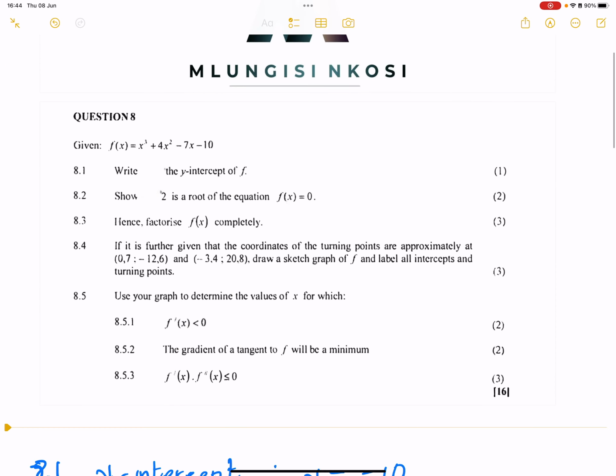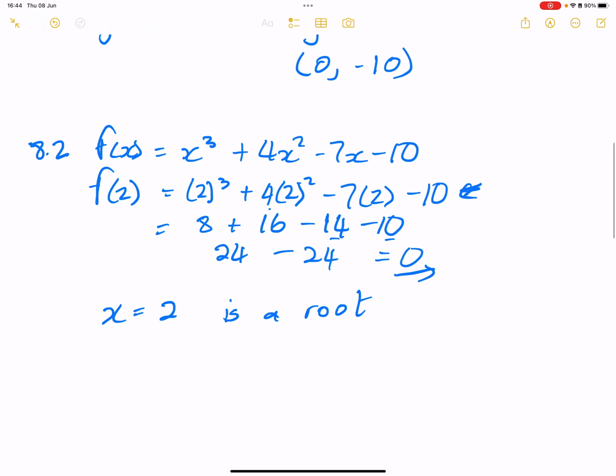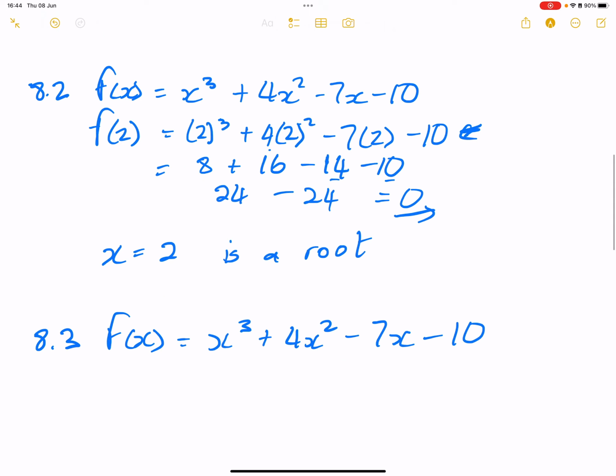They say hence factorize f of x completely. Now please, this is the part that I want you guys to pay attention to. We know this is x cubed plus 4x squared minus 7x minus 10, which is equal to 0.